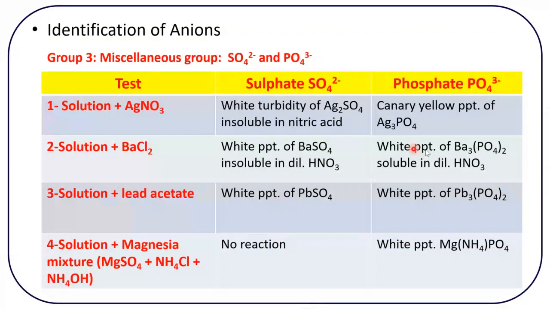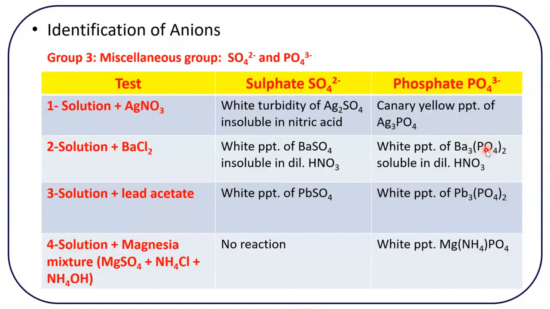In case of phosphate, solution plus barium chloride, you will see a white precipitate of barium phosphate, and this is the chemical formula of barium phosphate. Maybe I can ask what the formula of barium phosphate is. It's Ba3(PO4)2, and why 2 here? Because the charge on barium is plus 2, and why 3 here?